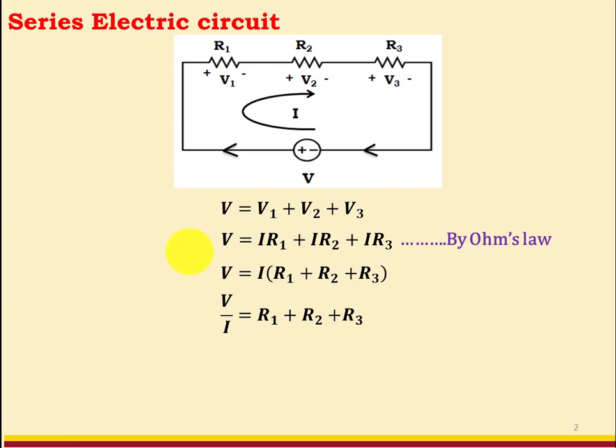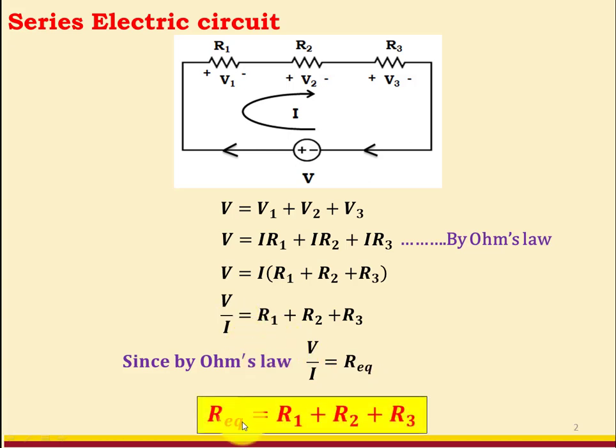By Ohm's law, what is meaning of total voltage by total current? It is total resistance or equivalent resistance R equivalent. So since by Ohm's law, V upon I is equal to R equivalent, that is equivalent resistance, we can substitute this value here, then we will get finally equivalent resistance of series circuit as R1 plus R2 plus R3.